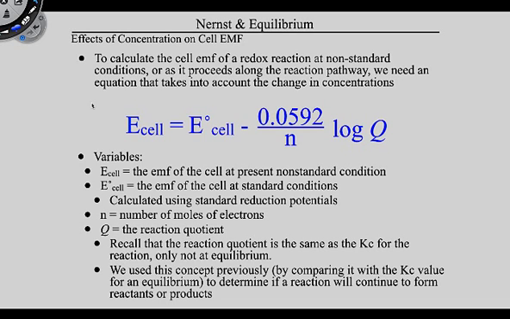So guys, let's do this before we start looking at this practically. Remind yourselves about Q. Q is the same ratio that's Kc, right? So what is it? Well, it's products divided by reactants.